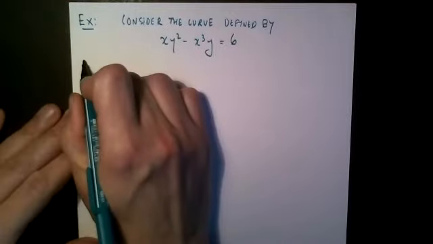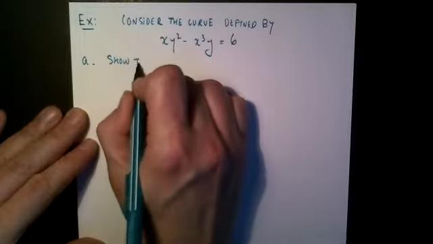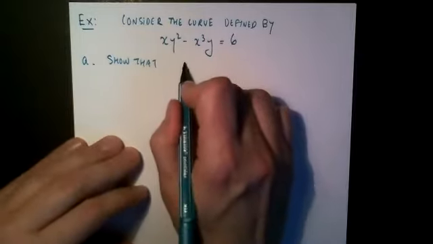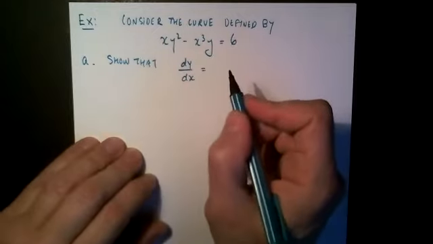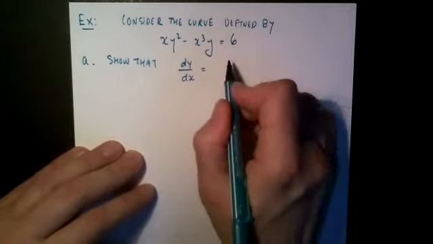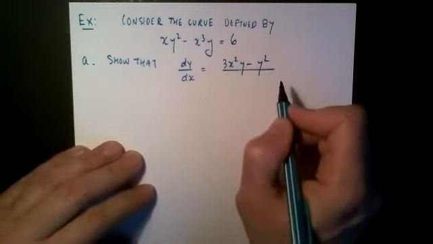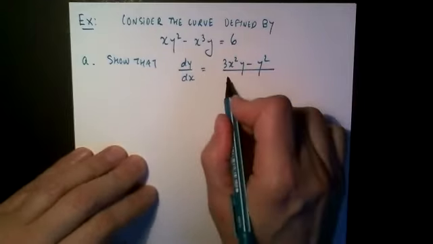So first question, show that dy/dx is equal to 3x^2y minus y^2 over 2xy minus x cubed.